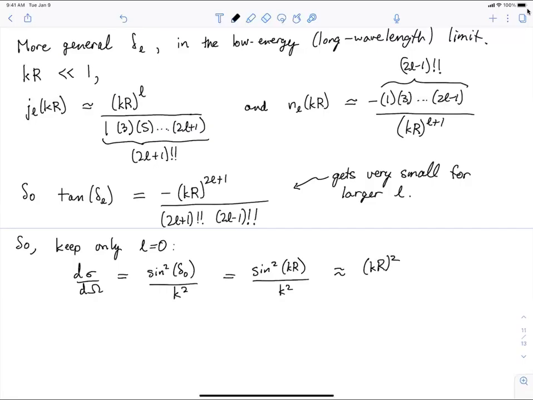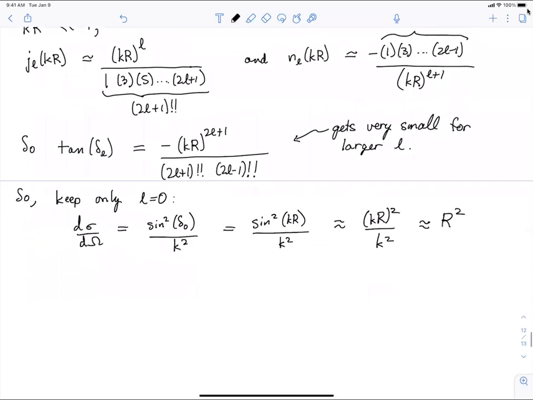Sine of a very small number is a very small number, divided by k squared. And so the differential cross-section in the low energy limit is just r squared, where r is the radius of the impenetrable sphere. Okay, and so this is valid for kr much, much less than 1, formally speaking. But actually what we learned up here is that it's even pretty good even for kr of order 1.